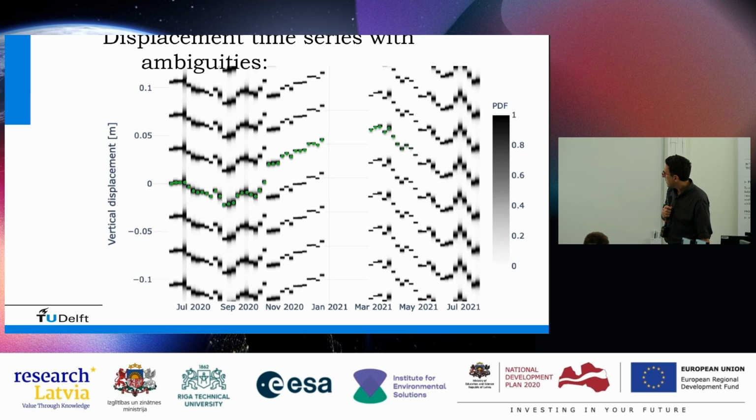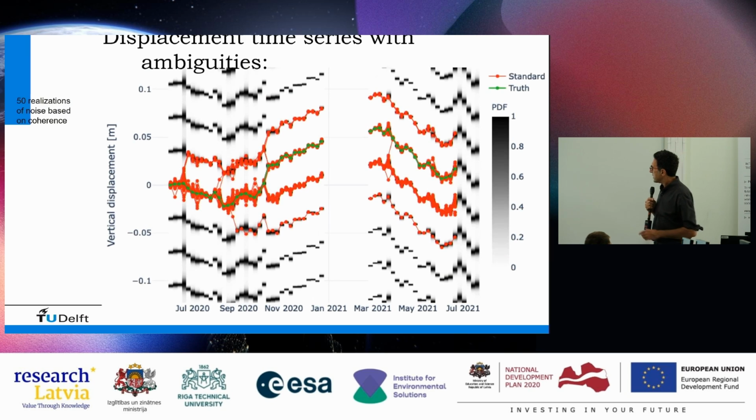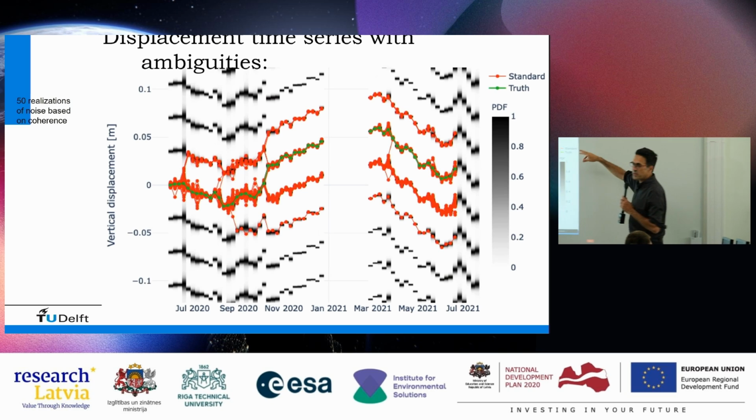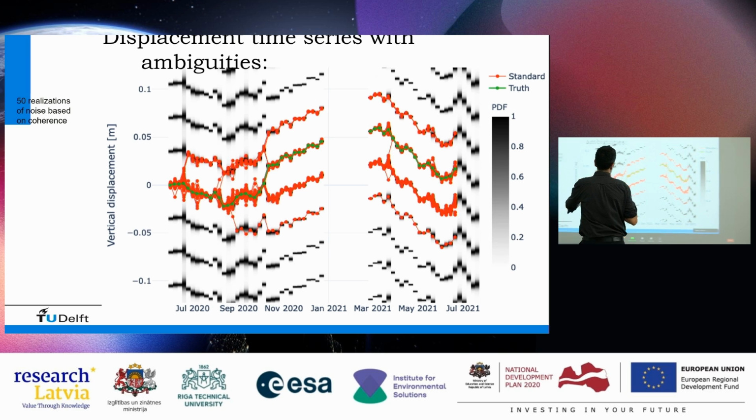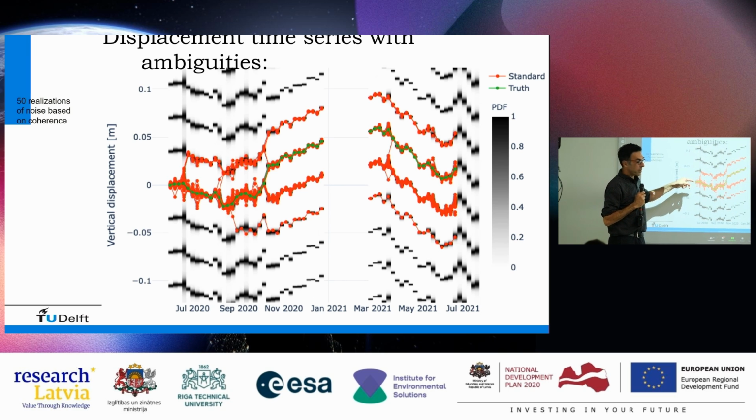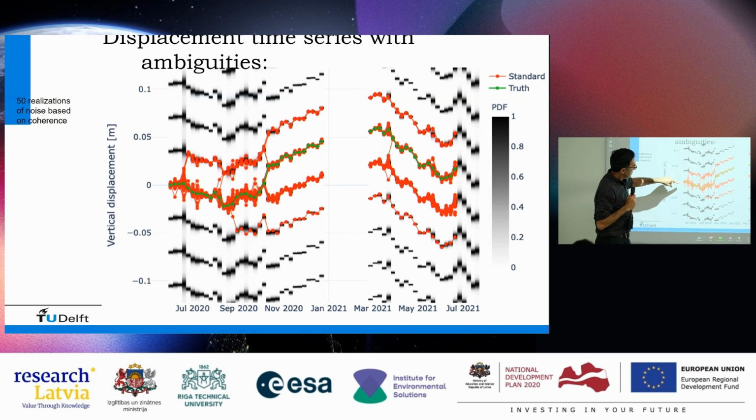Now, this here was the displacement, the truth. And this here is the solution that we get with standard phase unwrapping. So basically what we did is estimate for each epoch a random noise on top of the truth. And then we let the algorithm go over and over and over and try to find the route.